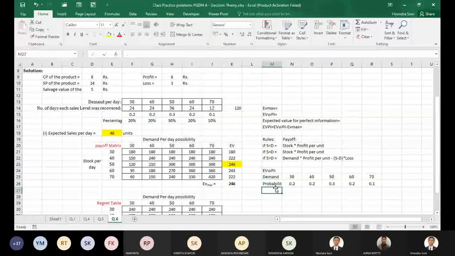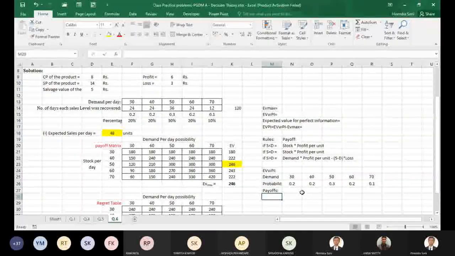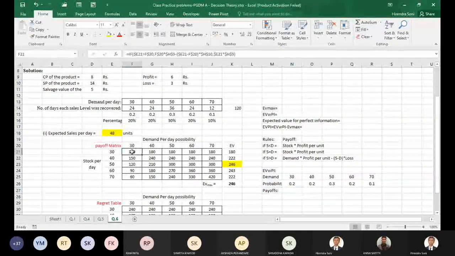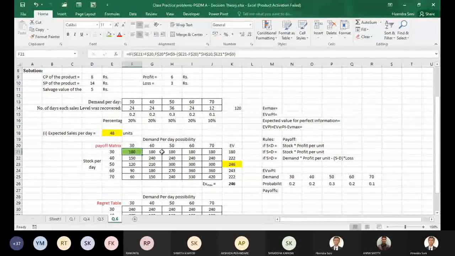अब इसके लिए payoffs, corresponding payoffs for this demand. So 30 wala, that is 180, 40 wala 240, 50 is 300, 60 is 360, and 70 means 420.